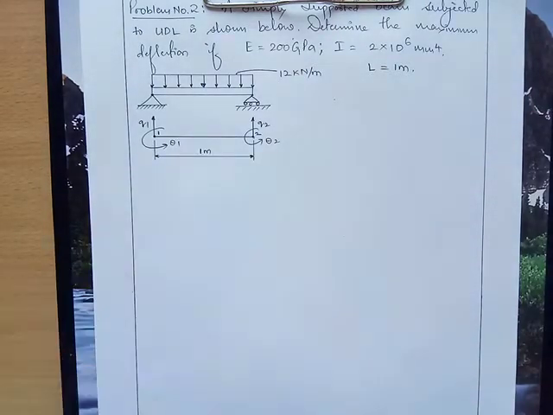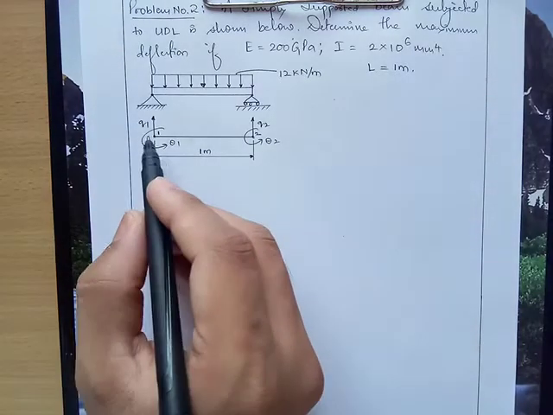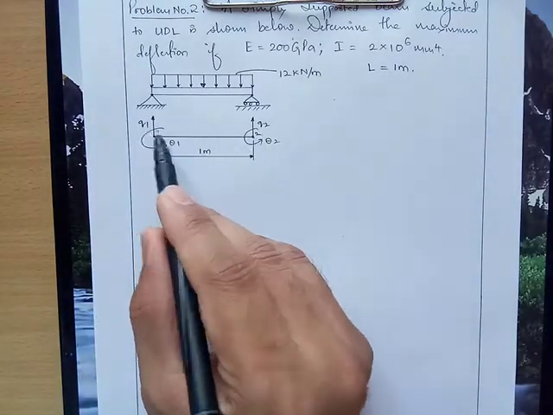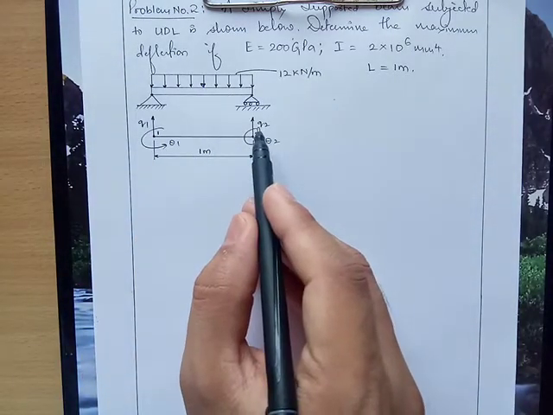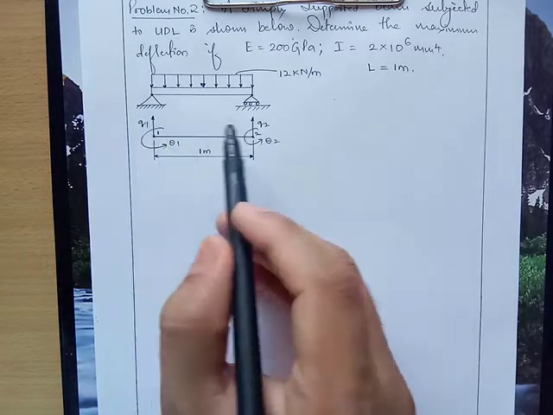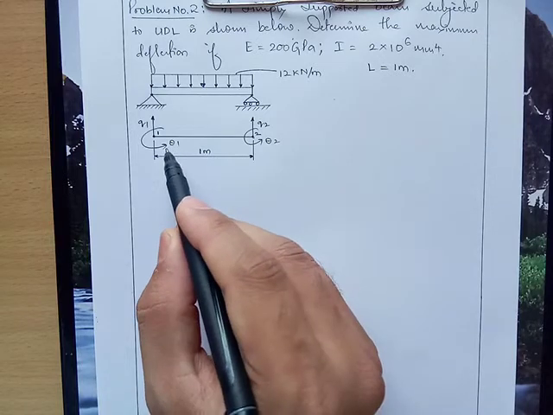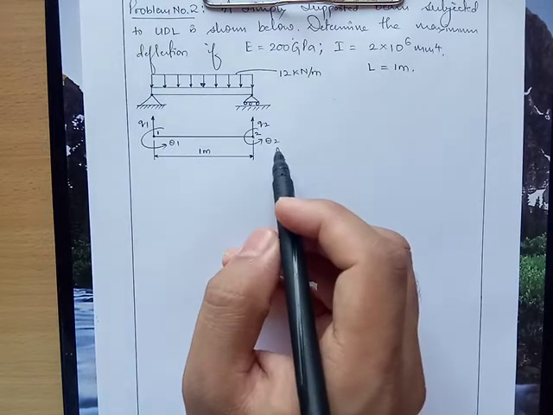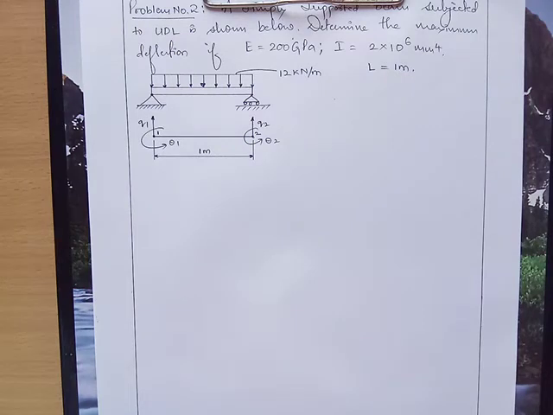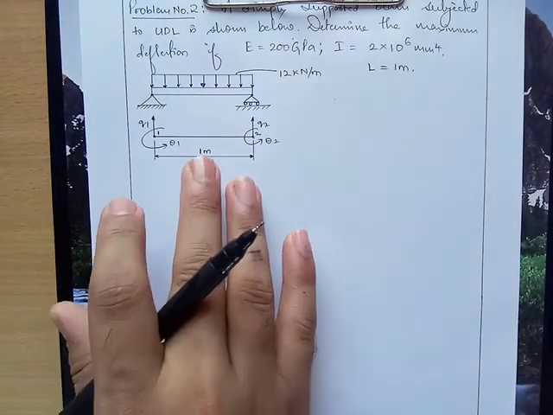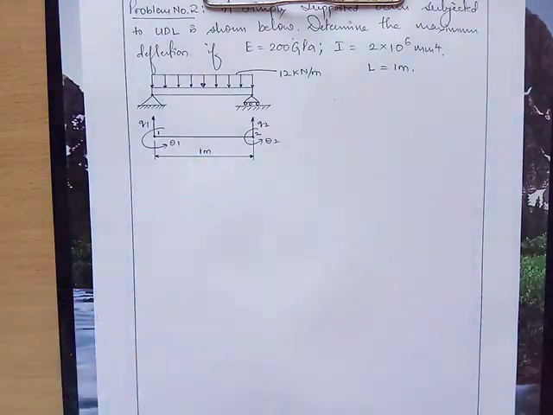There are two possible vertical translations or deflections, which I have shown as Q1 and Q2, and two possible rotations, which I have shown as theta 1 and theta 2. So that is the element diagram, and this should be the first step when you start the solution.